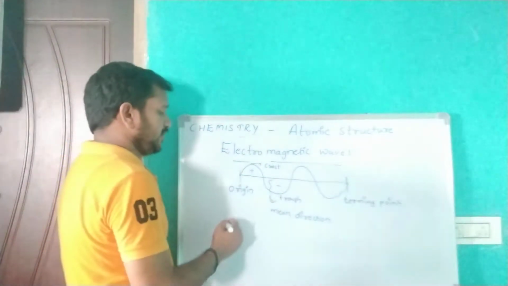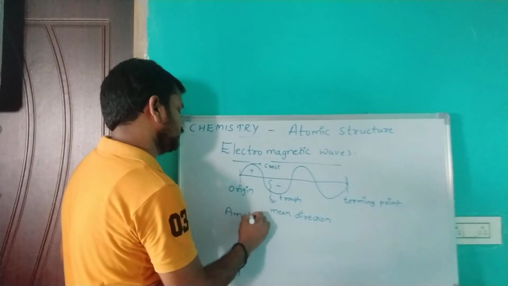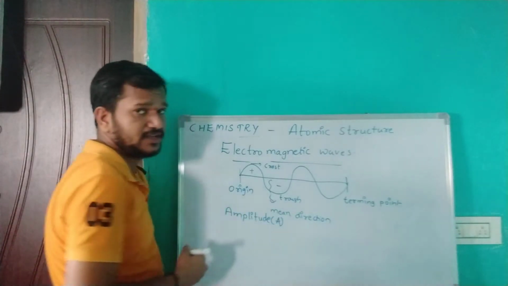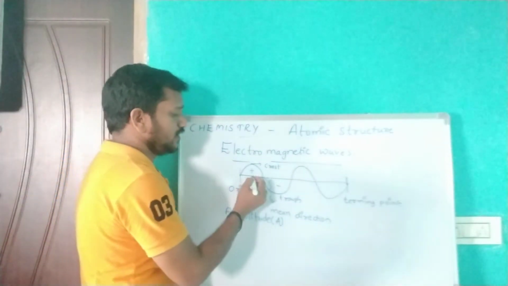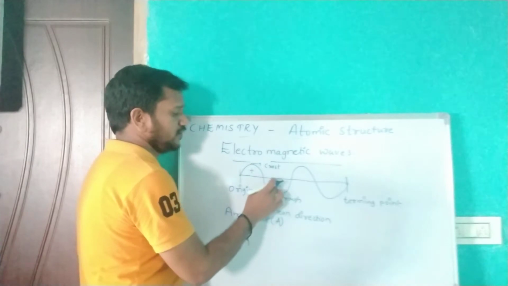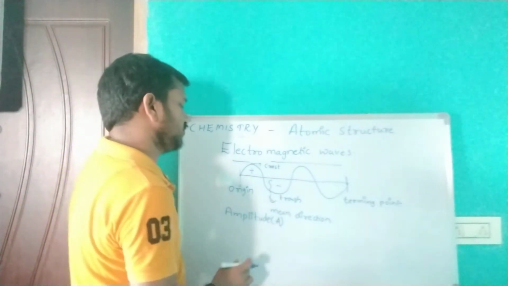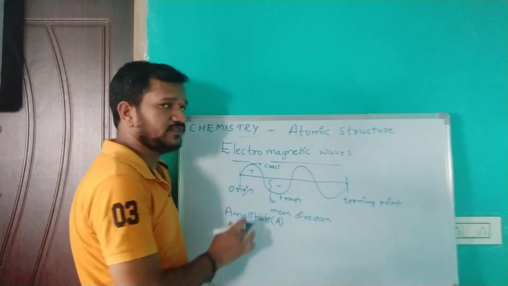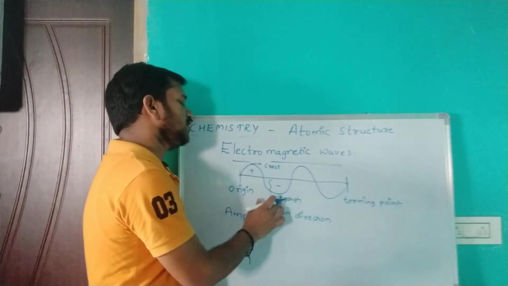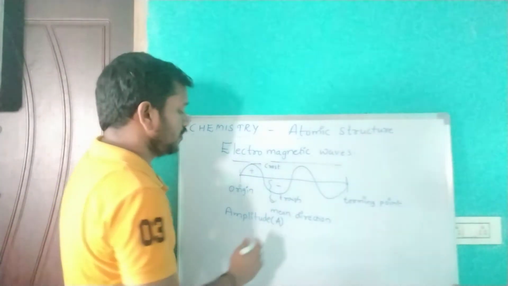The first property is amplitude, which is represented by A. What is amplitude here? From the mean position to the height of the crest in the positive direction, and from the mean position to the depth of the trough in the negative direction, it is known as amplitude.